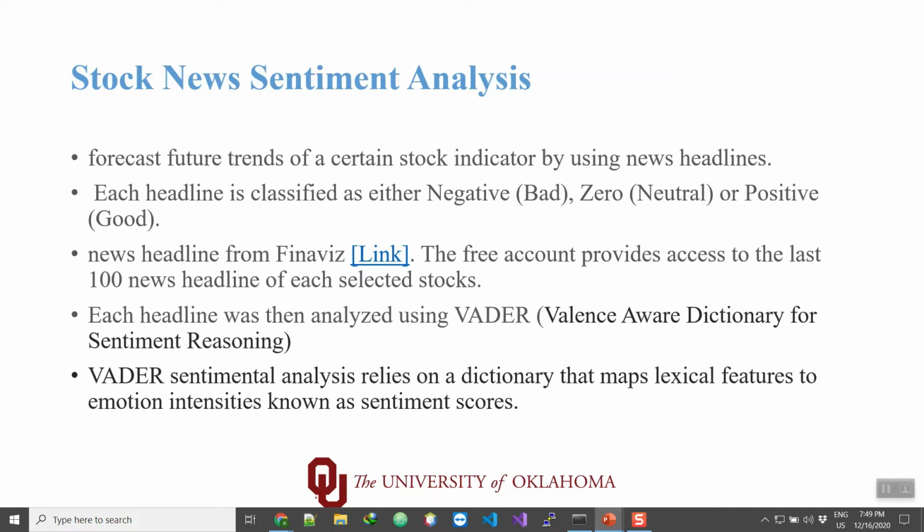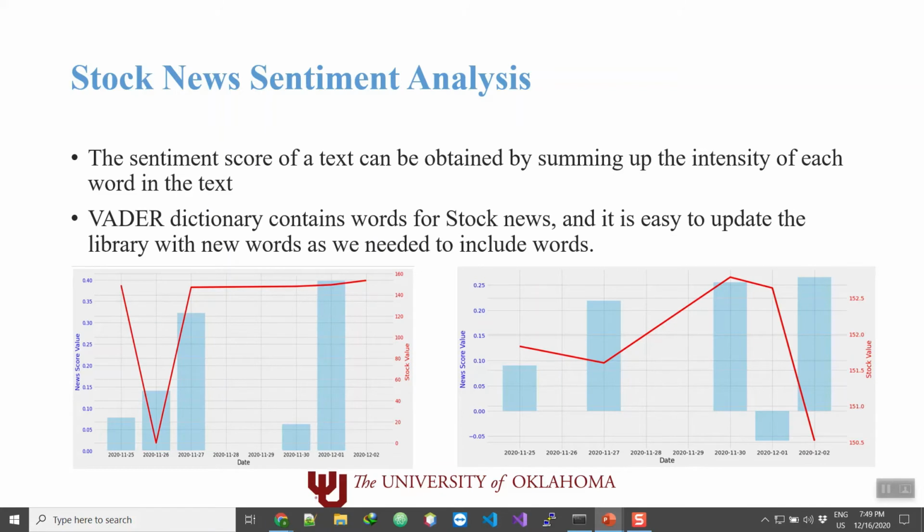So for a bad word, for example, drops, it has a score value of minus 0.5 or minus 0.7, depending on the severity of the negativity or the positivity. And it gives for each word three scores. So let's say we have the word bad: it will be minus 0.5 for negative, 0.0 for neutral, and 0.0 for positive. So the overall score is minus 0.5.